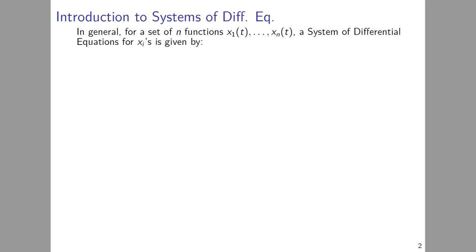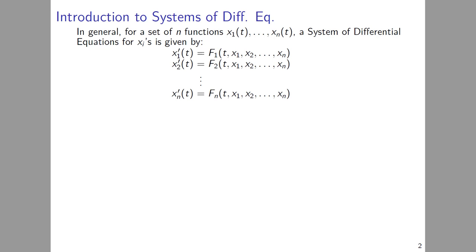In general, if we have a set of n functions, x1 up to xn, a system of differential equations for the xi's is given by x1 prime is a function of t and all of the x's, x2 prime is another function f2 of t and all of the x's, all the way down to xn prime is some function fn of t, x1, x2, and all of the x's up to xn.